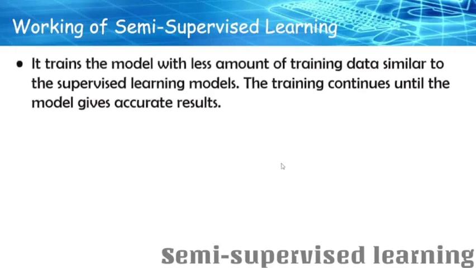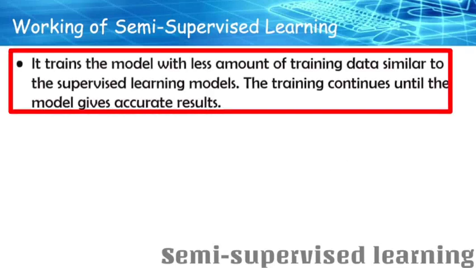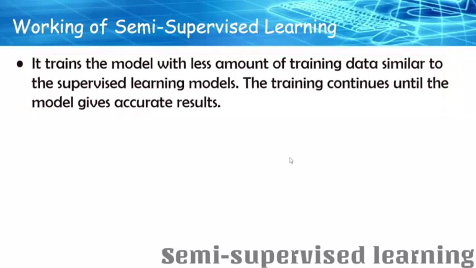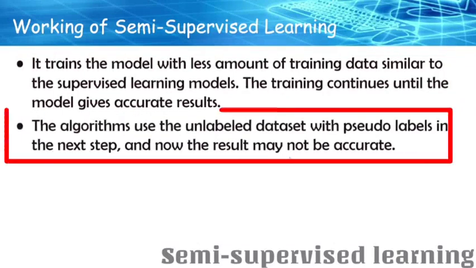Firstly, it trains the model with a small amount of training data, similar to a supervised learning model. The training continues until the model gives accurate results. That is the first step. Next, the algorithm uses the unlabeled data with pseudo labels in the next step.